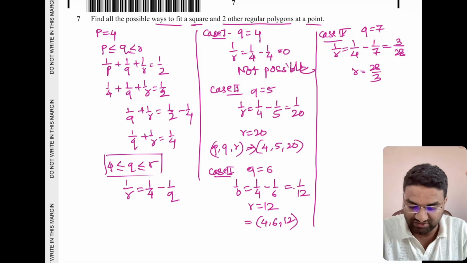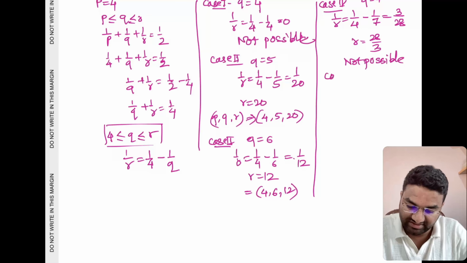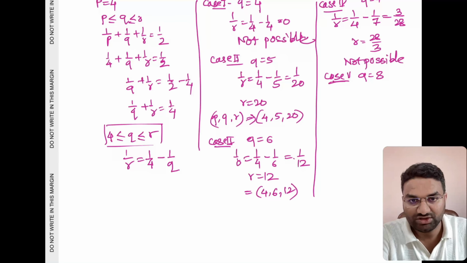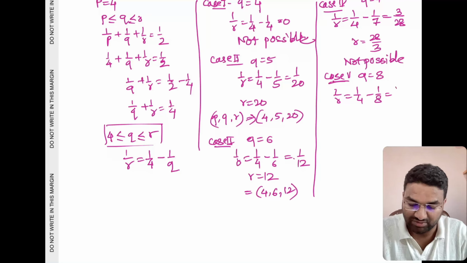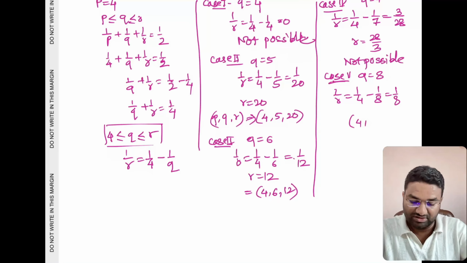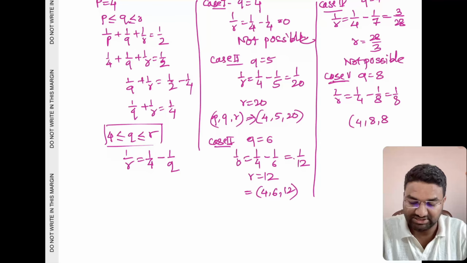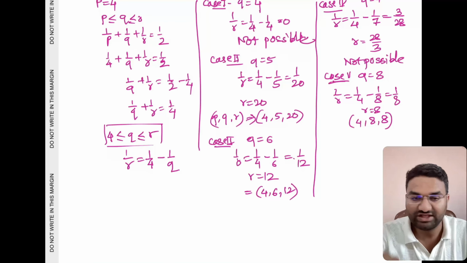So not possible. You can write that. Then next case 5, Q is equal to 8 now. When you substitute 8, 1 upon R is equal to 1 upon 4 minus 1 upon 8, we'll get 1 upon 8. This is also possible: 4, 8, 8. R is equal to 8 in this case. So that's possible.